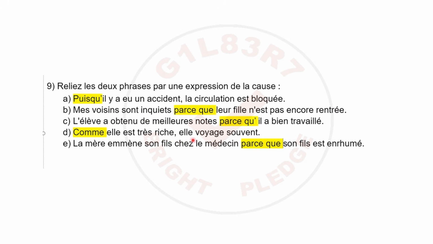Then always remember this expression of cause, comme, always comes in the beginning of the sentence. It cannot come in between. So this is one way of remembering where to use the expression of cause.